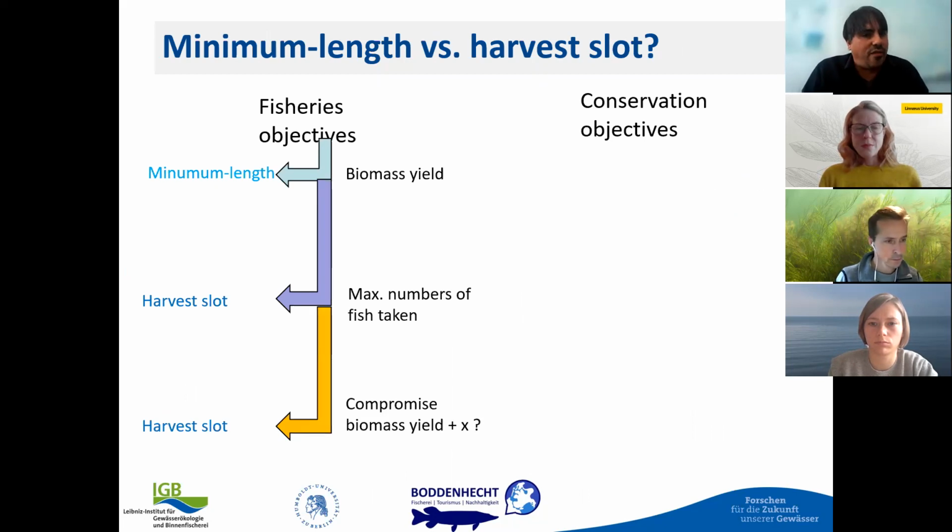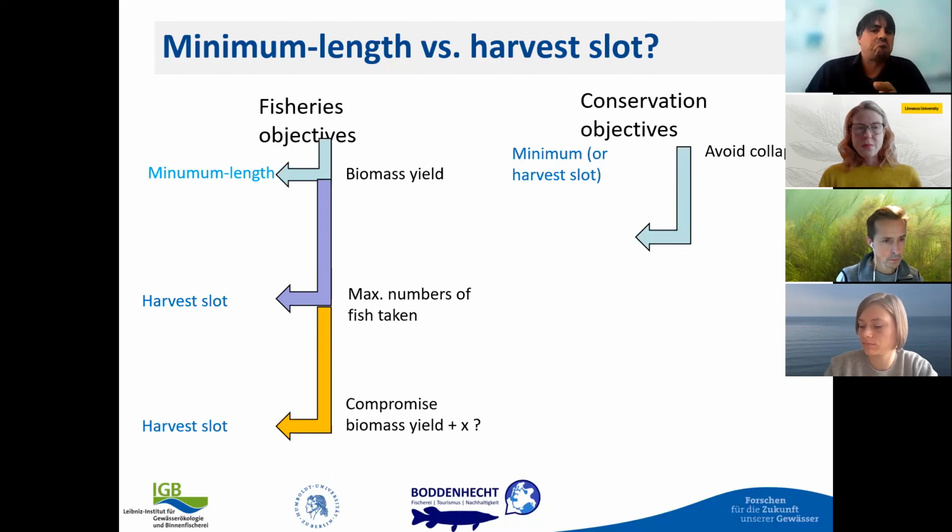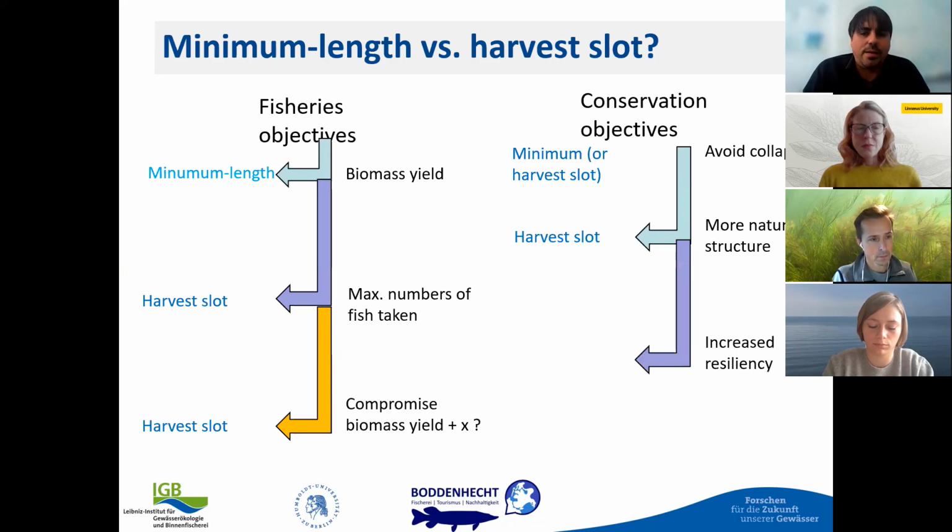If you think about conservation, on the other hand, where perhaps fisheries doesn't matter, you simply want to conserve the stock. If you're only interested in avoiding recruitment collapse, anything goes that has a large enough size limit where the fish can spawn at least once or twice. So it really doesn't matter whether it's a minimum or a harvest slot. If you want to have a more natural age structure, however, a harvest slot would produce that better than a minimum length.